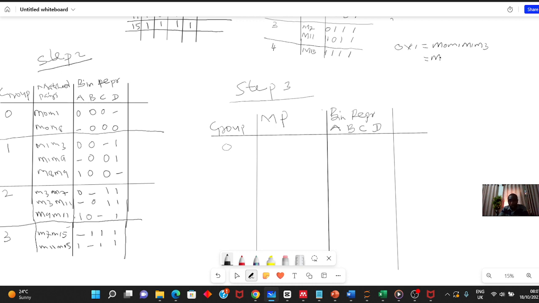The next one is M0, M1 mapping M1, M9. The next mapping will be M0, M1 with M8, M9.